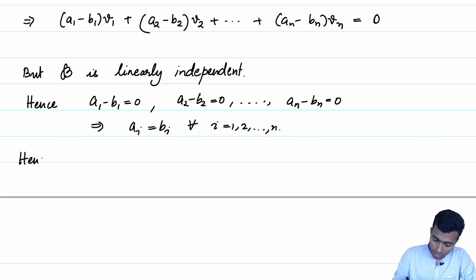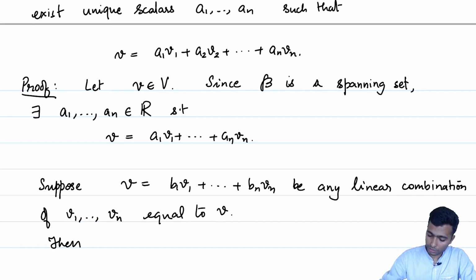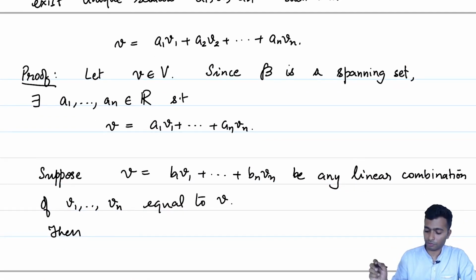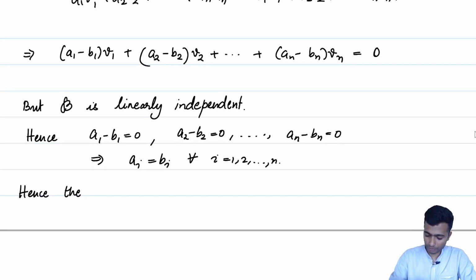Therefore there is a unique linear combination of V in terms of V1, V2 up to Vn, because if you take any other linear combination equal to V, we have shown that it is forced to be the same as the above.